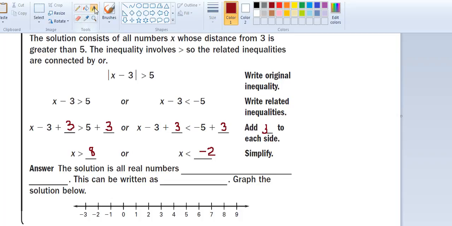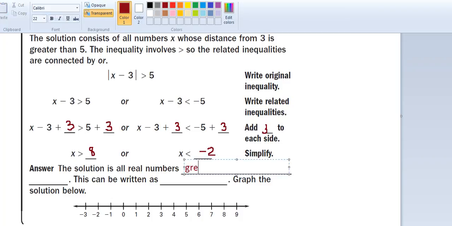Now the solution is going to be written like this. The solution is all real numbers greater than 8 or less than -2. That's the language behind it.